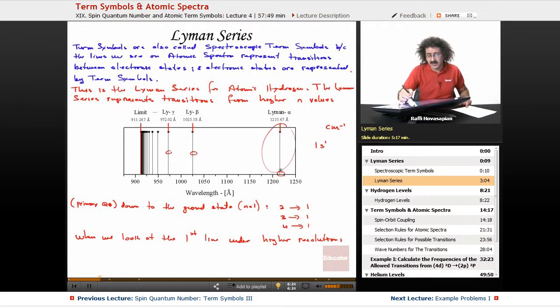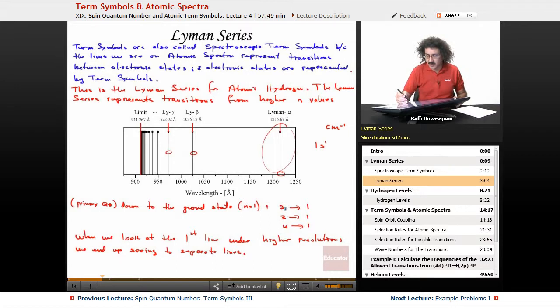So this single line that appears in this spectra is actually made up of two individual lines that are really, really close together. The question is, what's going on?